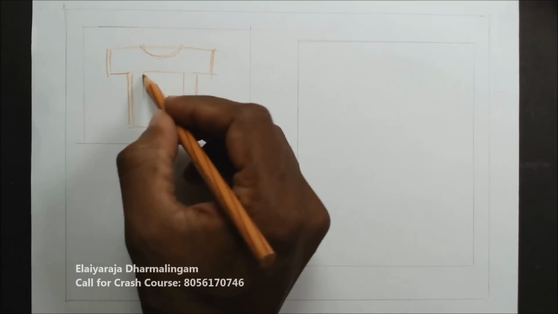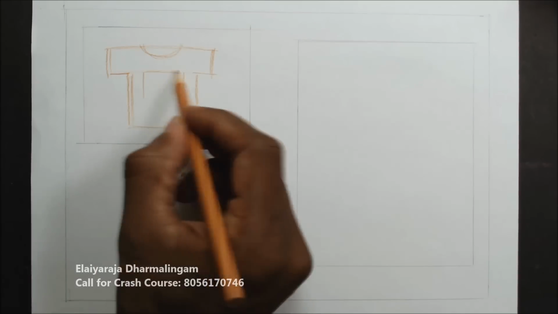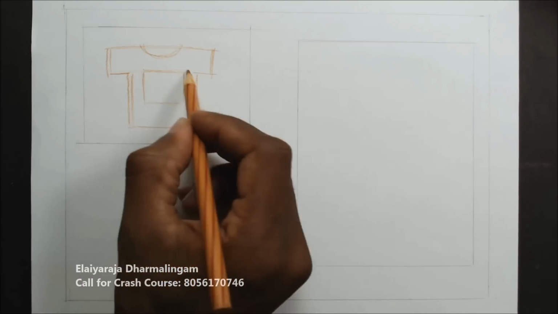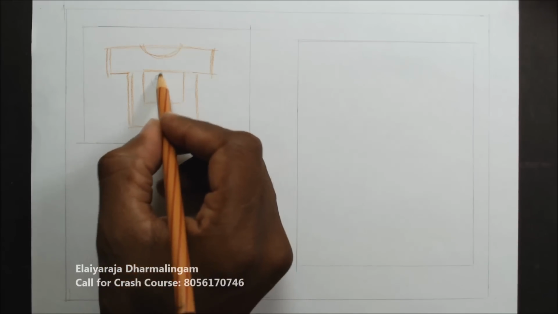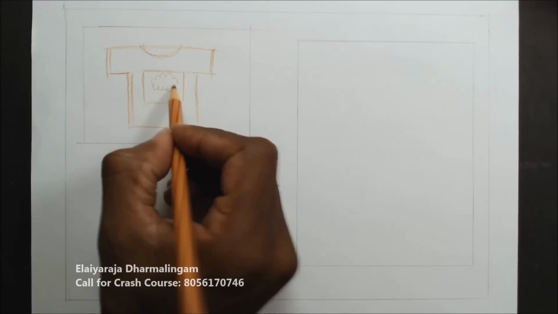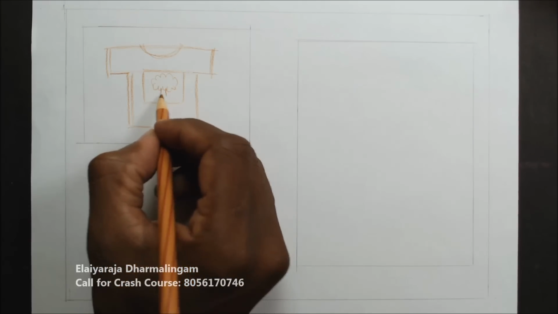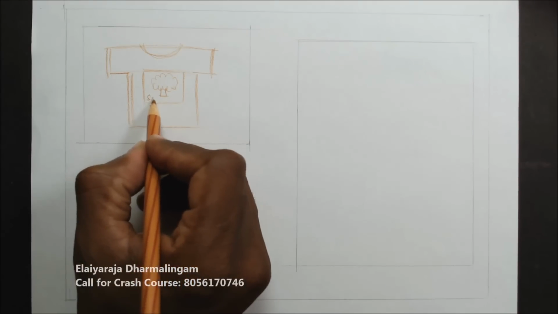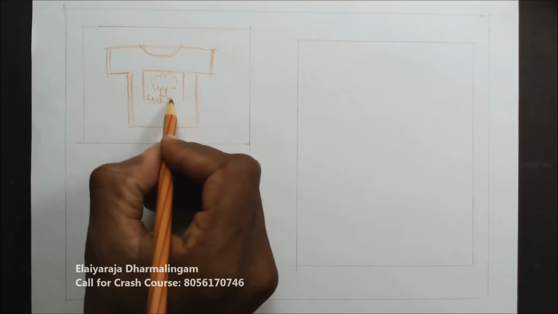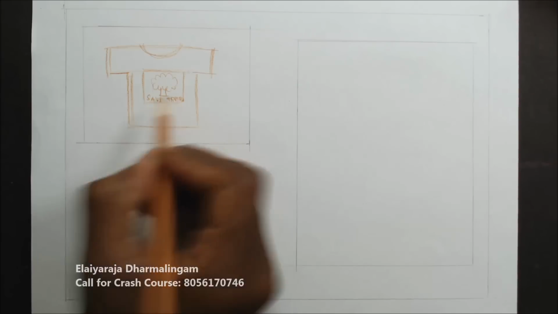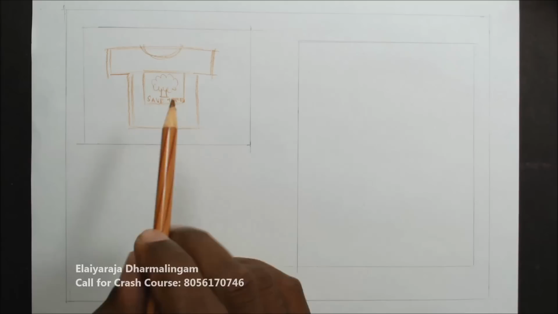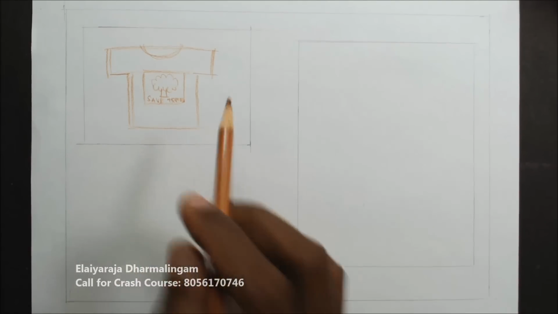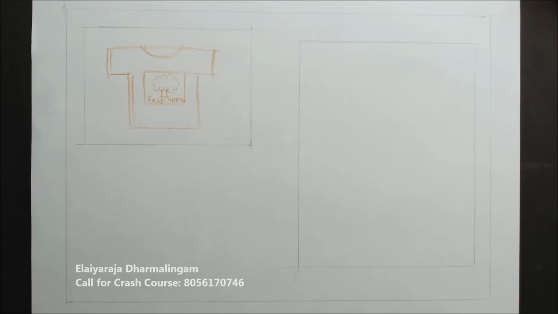What beginners do is draw the t-shirt and put the design inside the t-shirt. Suppose they wanted to draw for save trees, they draw like this. So what was the problem here?